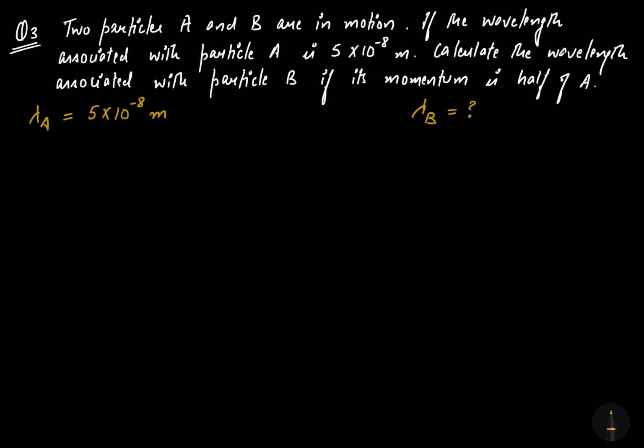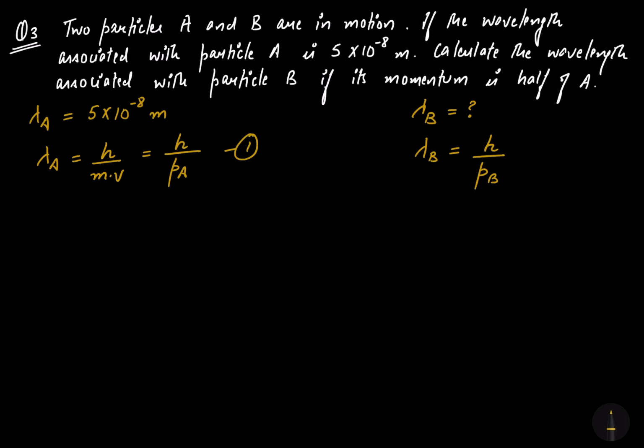Now what's the formula? The wavelength of particle A comes out to be h upon m into v. Now m into v is called the momentum, so you can also write Planck's constant divided by momentum of particle A. The same way, the wavelength of particle B will be equal to the Planck's constant divided by the momentum of particle B. Now let's divide.